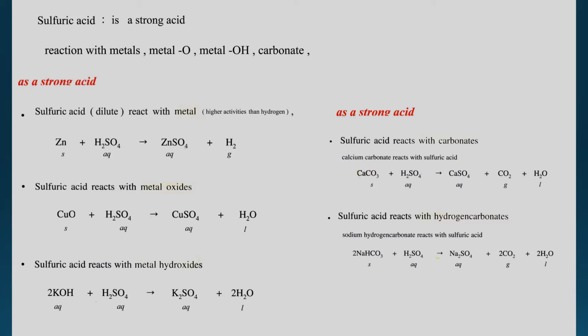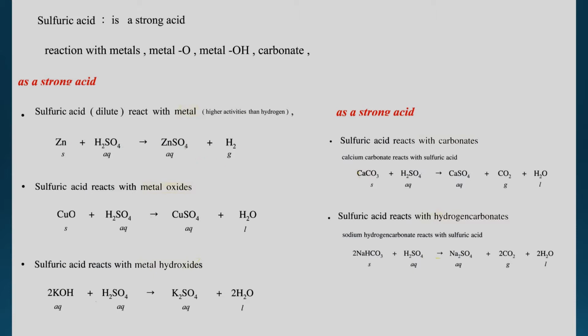Now let's talk about sulfuric acid reactions. On this page, students may be well familiar with the reactions of acid with metal, metal oxide and metal hydroxide. What do they form? Acid reacts with metal to form salt and hydrogen gas.